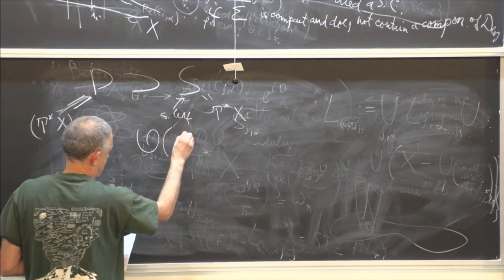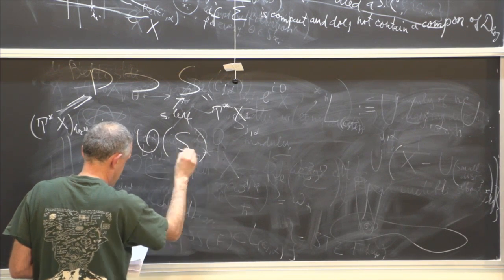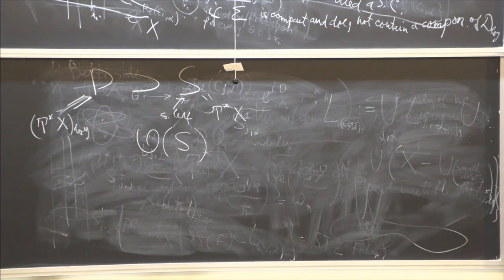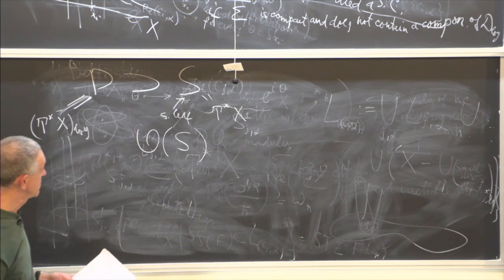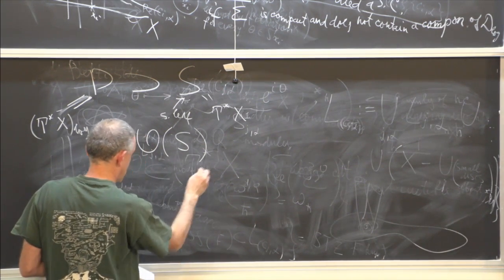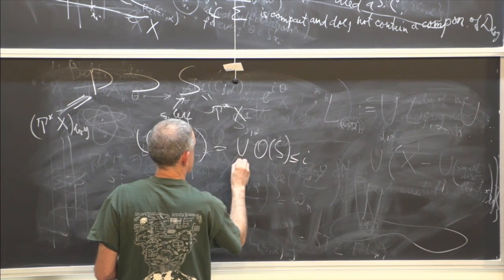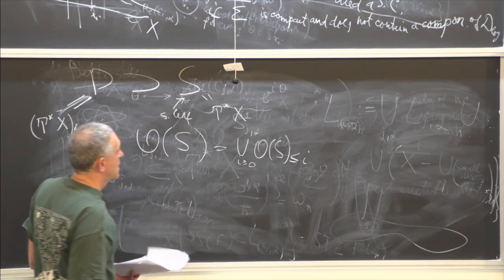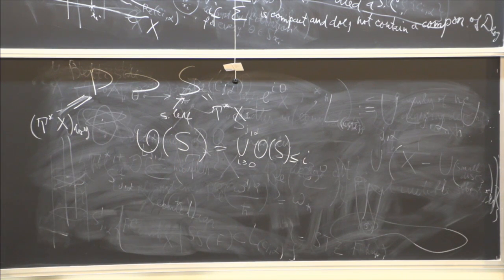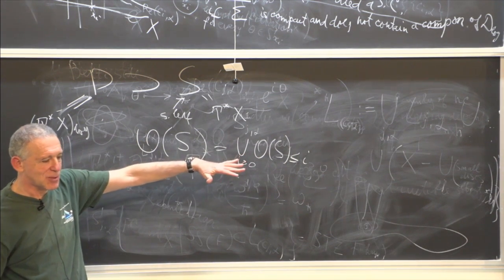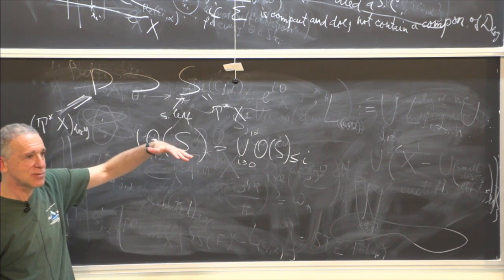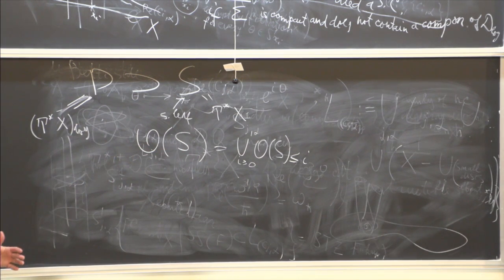Let's look at the algebra of functions on this symplectic leaf. It has a natural filtration, a filtration by the order of poles in this log divisor. And this growth plays the same role as the growth of symbols of differential operators at infinity.